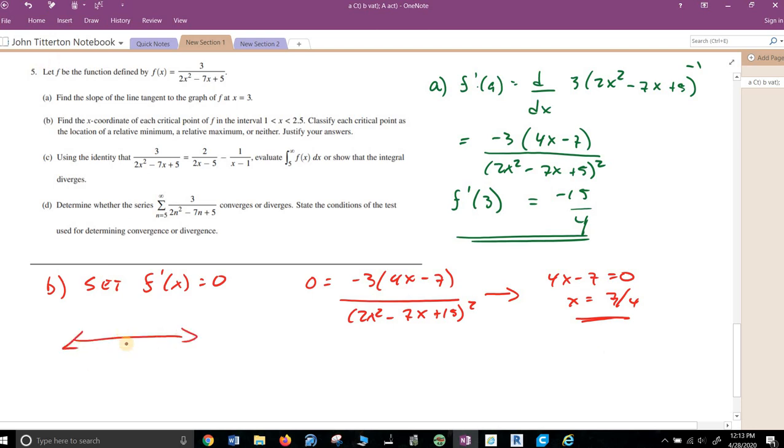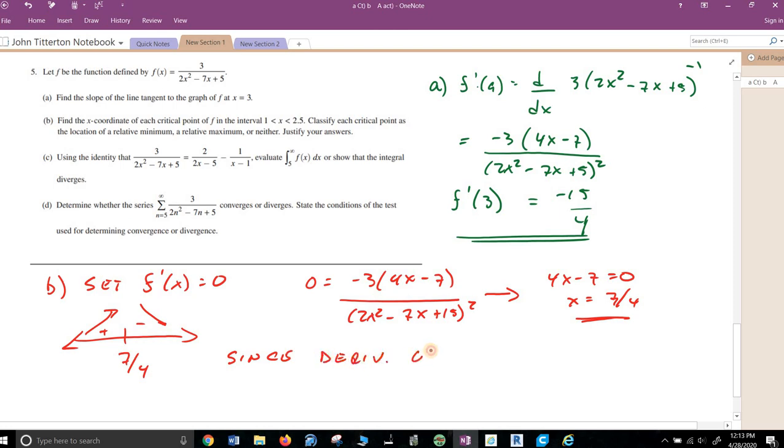Number line just for me, 7/4. Plug in 1 to the derivative, and you get, the bottom's always positive, you get negative negative on top, so positive. Plug in 2, and you get negative. So we're looking at a relative max. And again, I would write this all out.